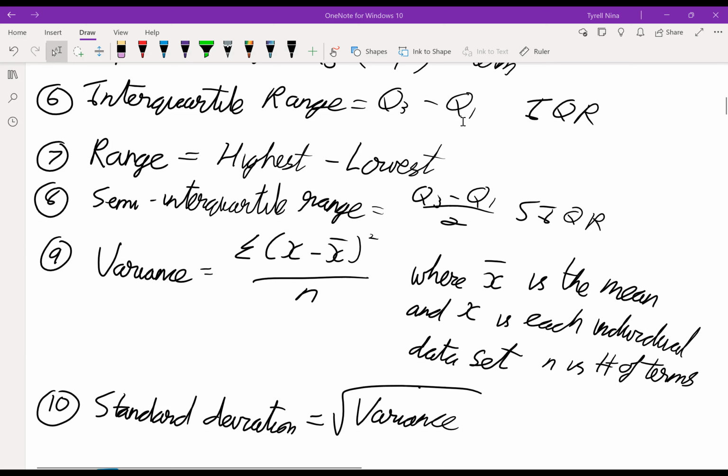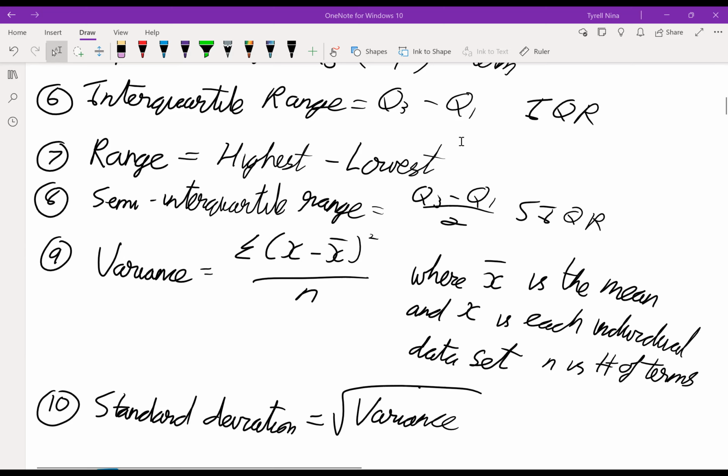Yeah, so I'm going to do an example of the variance, don't worry. None of these are on the formula sheet, unfortunately.